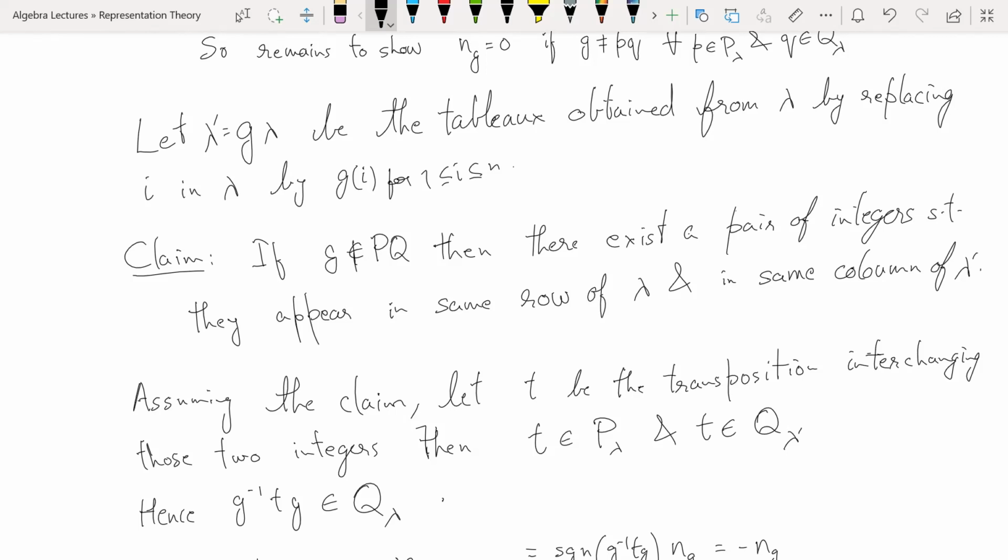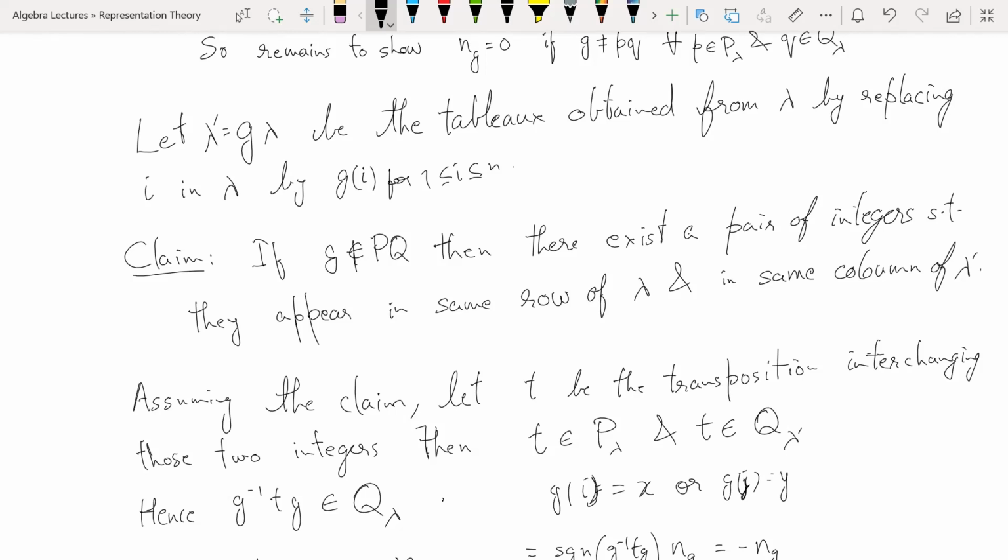So the only thing it will change is if gi is x and gj is y, then this will interchange i and j. That is what it will do on this one.